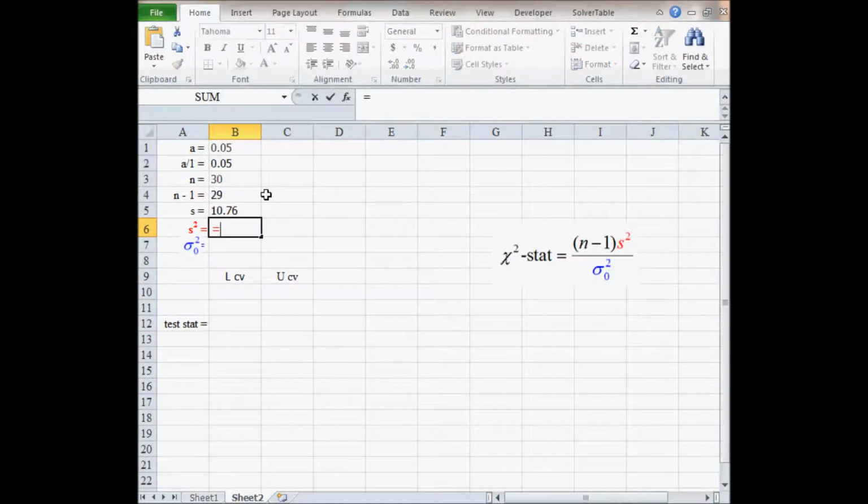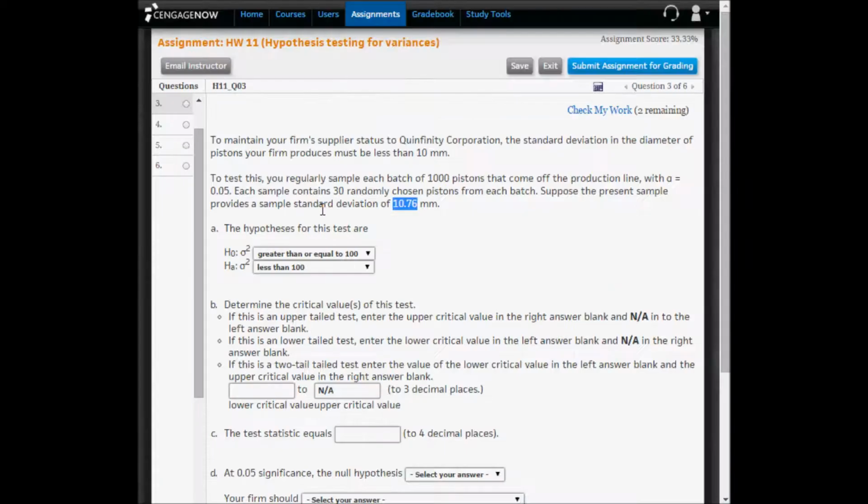The sample variance is the square of that, and the hypothesized value from the problem was 100, or 10 squared. The standard deviation for the diameter of the pistons has to be less than 10. So that means the variance has to be less than 100.